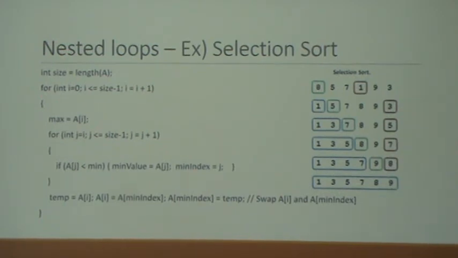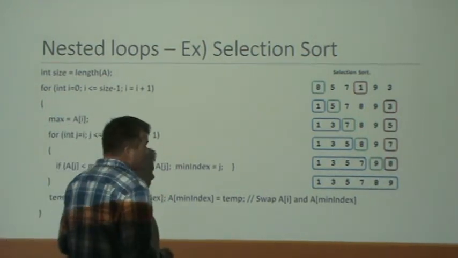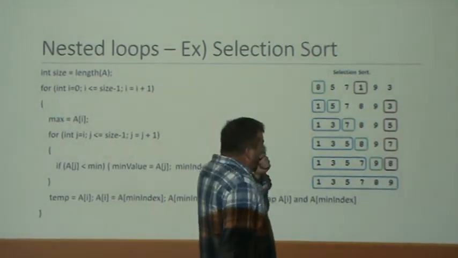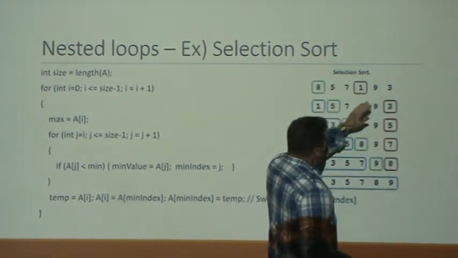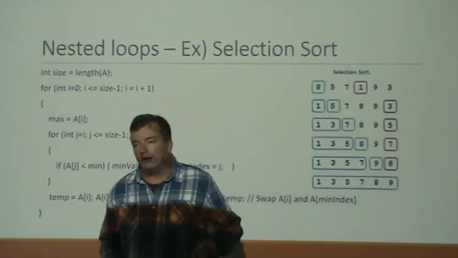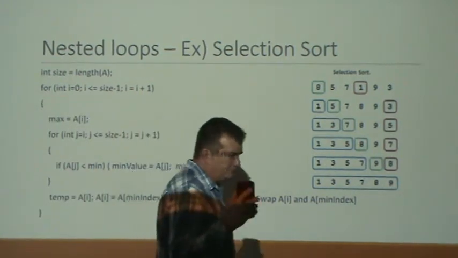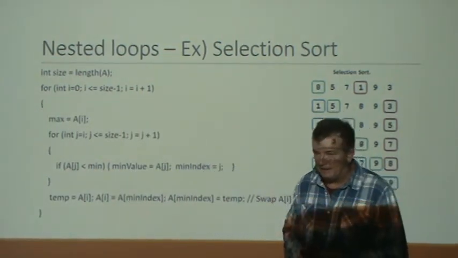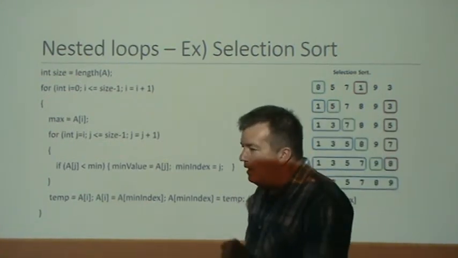Okay. So suppose, for example, we wanted to take an array of numbers that are not sorted, right? We have 8, 5, 7, 1, 9, 3. You may not realize it, but when you're on your cell phones, you're probably several times a day hitting buttons that are causing data to get sorted.